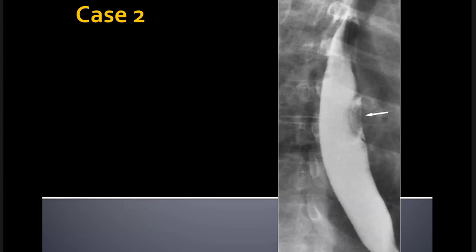And other differentials include possibly carcinoma. So next, I recommend further endoscopic evaluation. Yeah, I agree. You probably need an upper GI endoscopy.